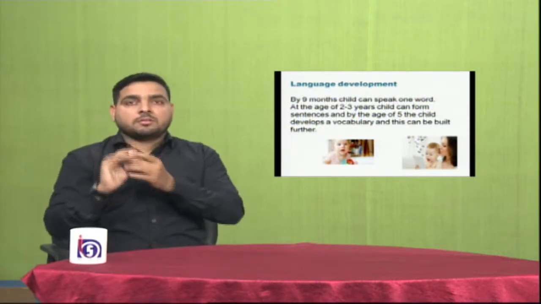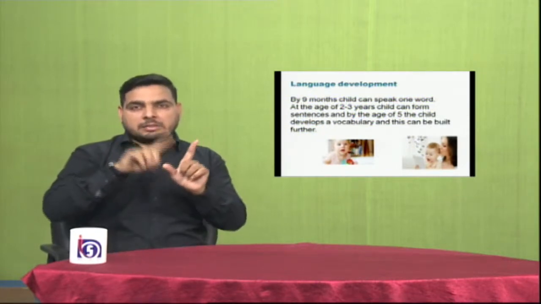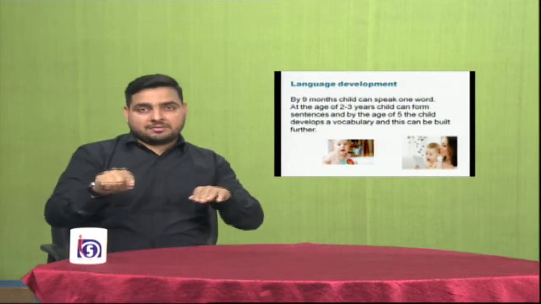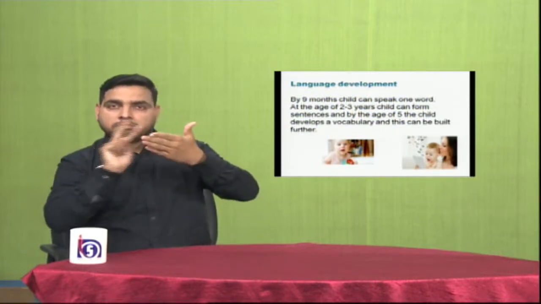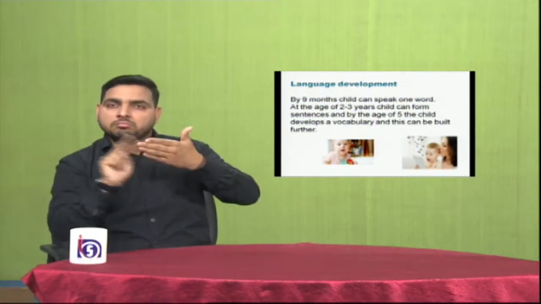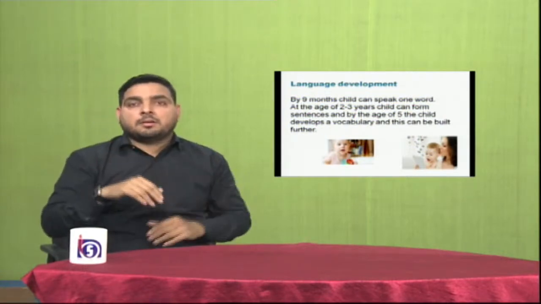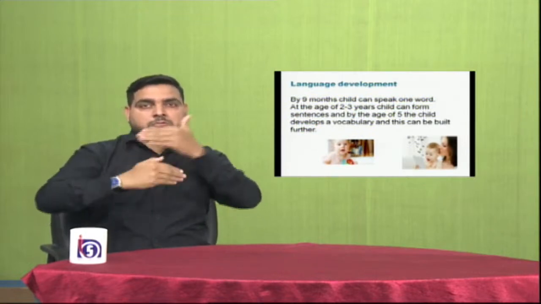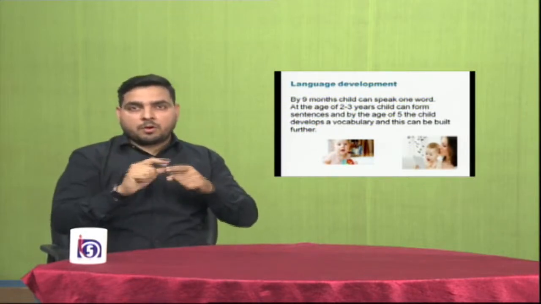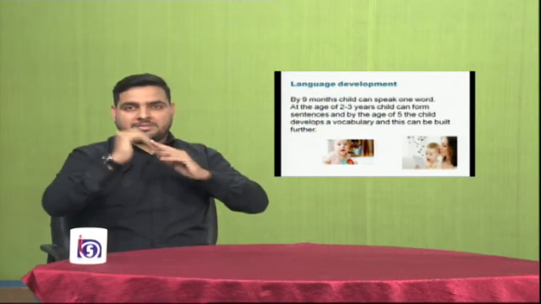By 9 months, the child can speak one word. At the age of 2 and 3 years old, the child can form sentences and read them. By the age of 5, the child develops a vocabulary, and this can be built further.